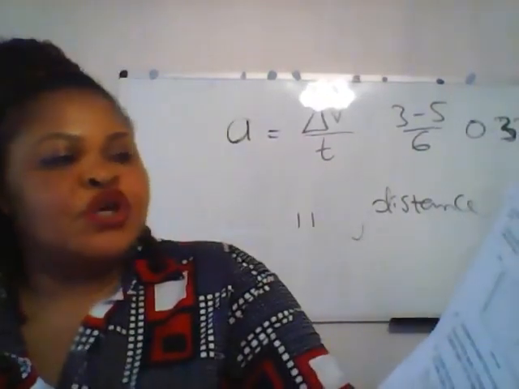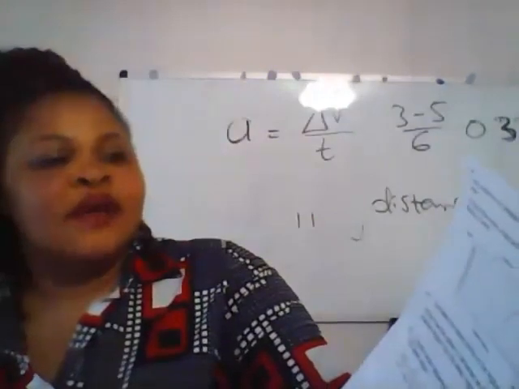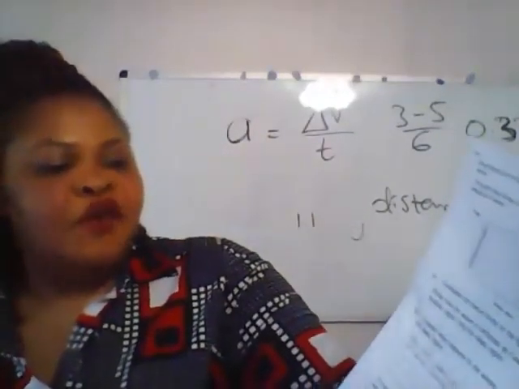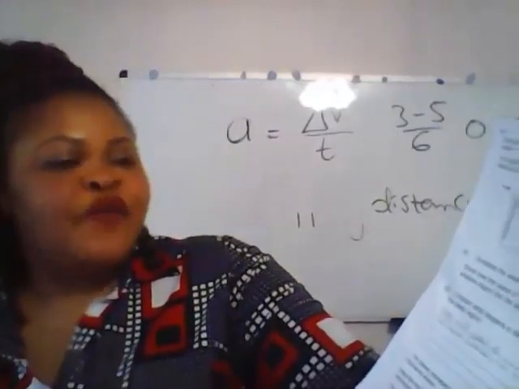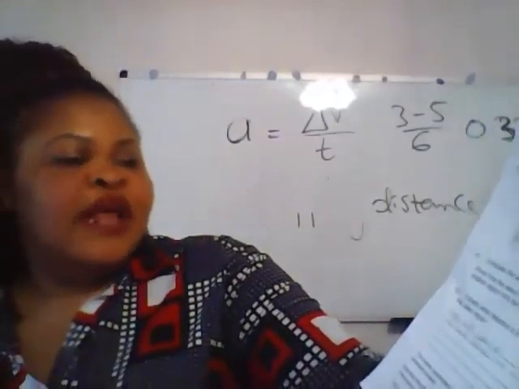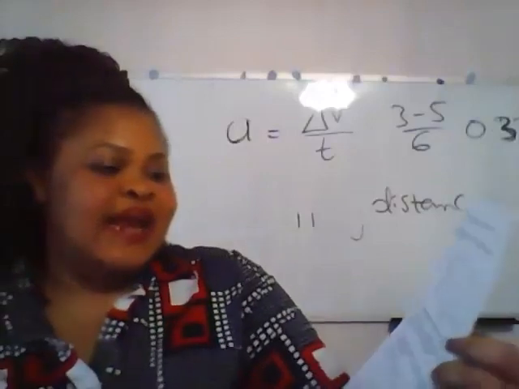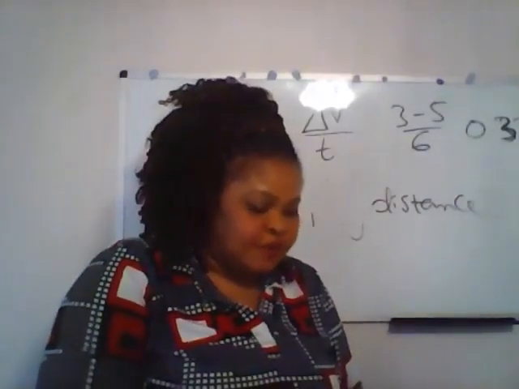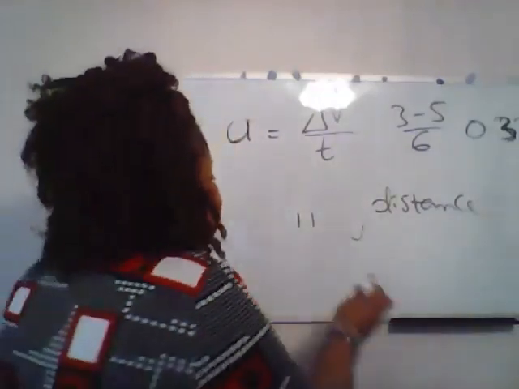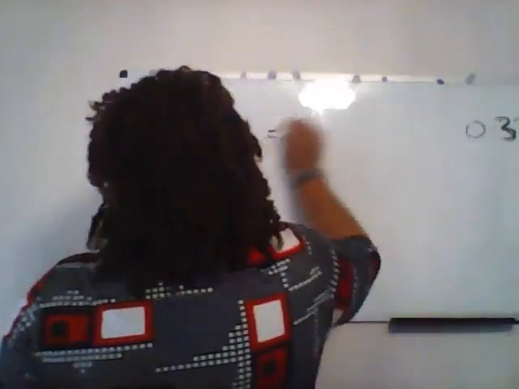The figure below shows a ripple tank that they use to model the behavior of waves, and then it says complete the wave fronts on the figure above, then show how the wave is refracted if it passes from the shallow region into the deep region. Now, the unit that this covers is what happens to waves when they get to boundaries. Okay, that is the section of waves that it covers.